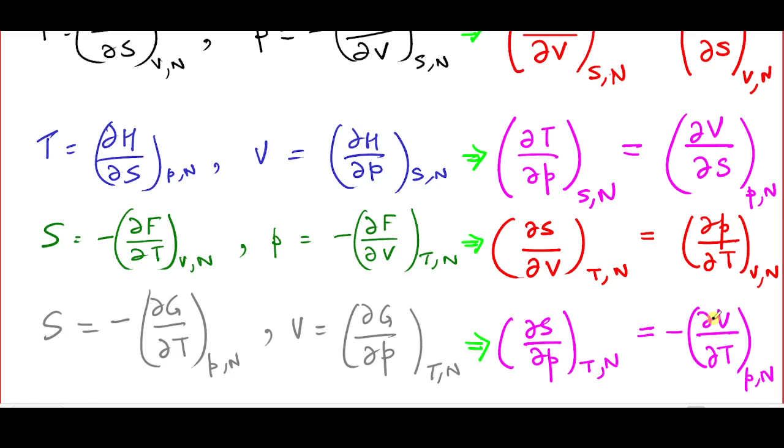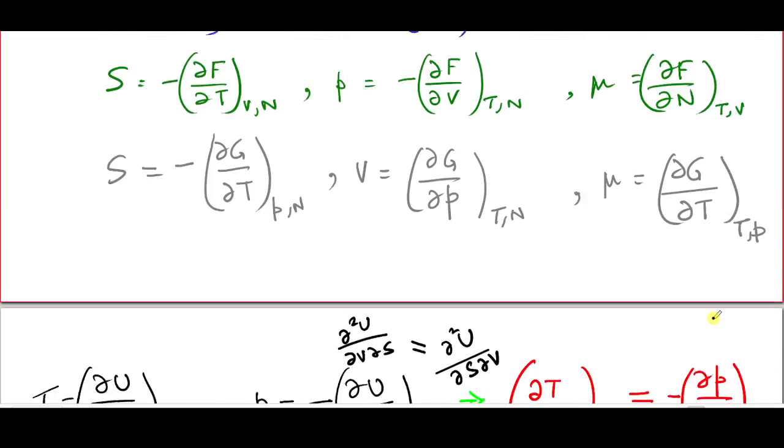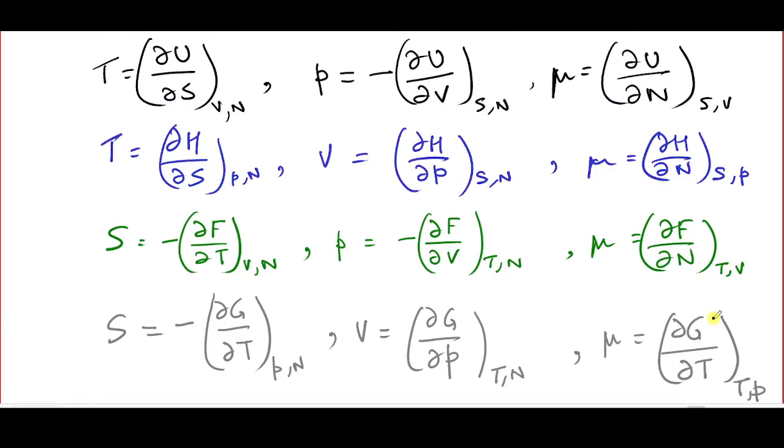Now, in most textbooks, you will find a version of these expressions where constant n is not mentioned. Indeed, if we go back to our previous set of differentials, the expression for mu usually is not mentioned in most textbooks. But there is a very good reason for that. In most situations, we talk about closed systems, systems where n is fixed.